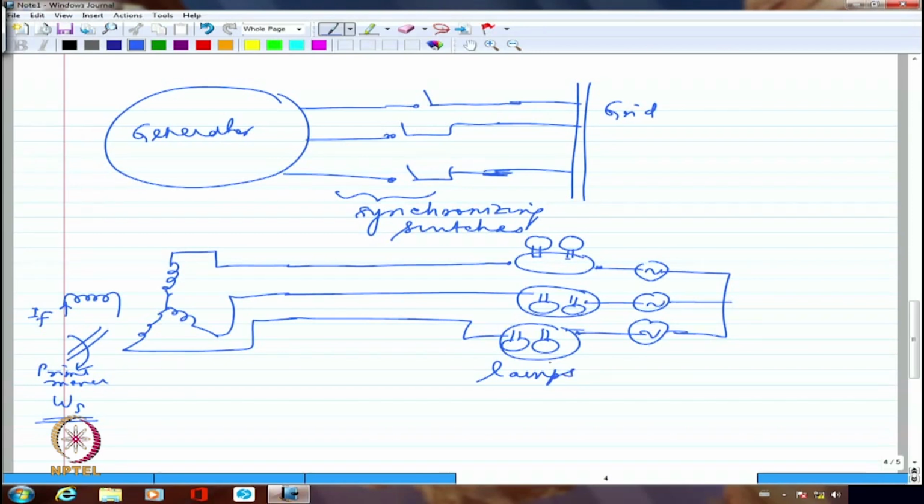Okay? Now if the frequencies are exactly matching and if I'm going to have the phase sequence also matching and if the magnitudes are also matching and if there is no phase difference between the two voltages, I will have the bulbs not glowing at all. I hope you understand. If the two voltages match exactly, there is no way the bulbs can glow.